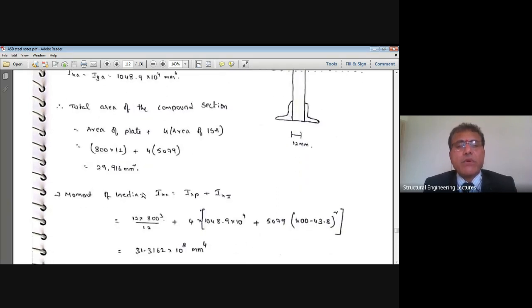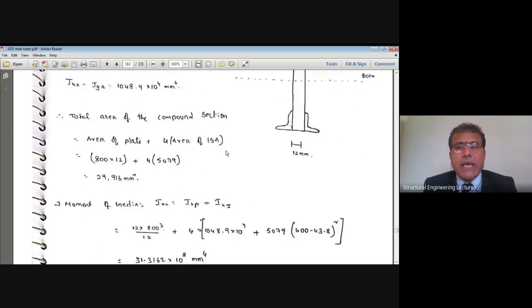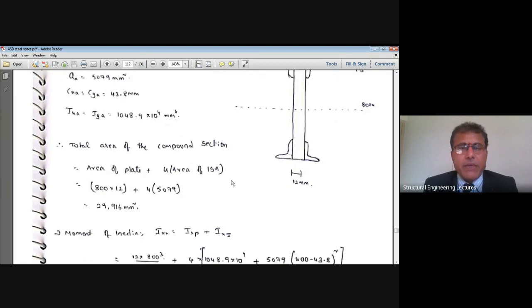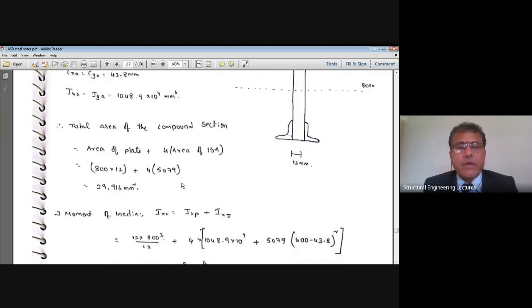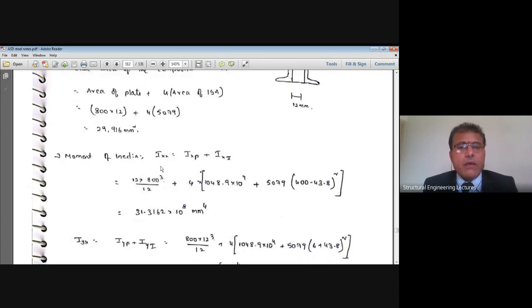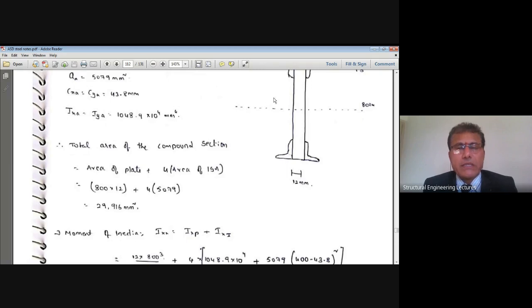Then let us calculate the moment of inertia about the axis of bending. This axis is the axis of bending at a depth of 800 by 2. Because of the symmetry, it is at a distance of total depth by 2. About that axis, the major axis of bending, this horizontal axis is the major axis of bending, right?